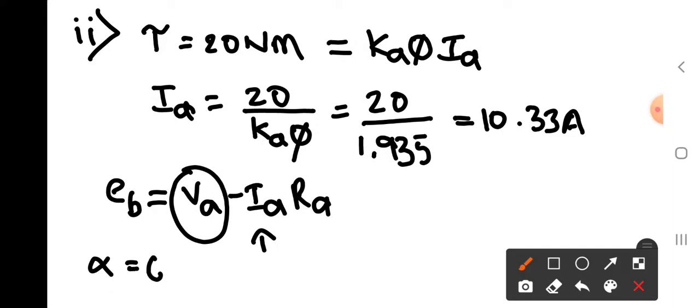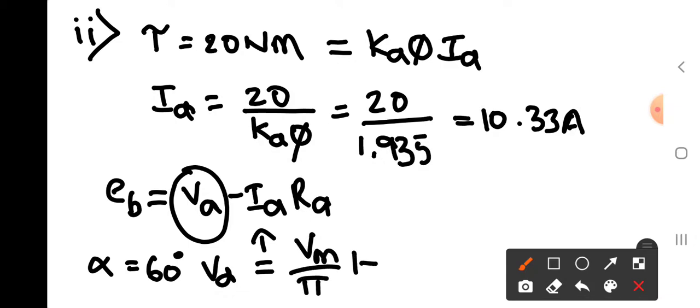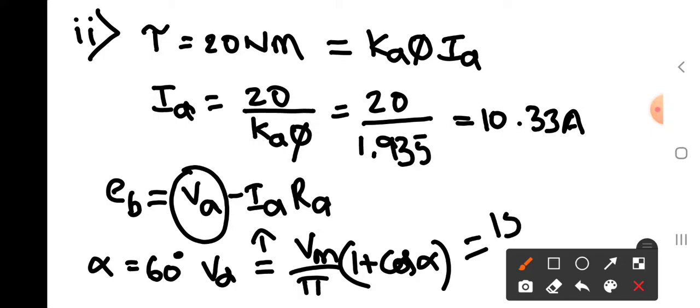For alpha equal to 60 degrees, Va is equal to Vm by pi into 1 plus cos alpha, where Vm is root 2 into 230. Already we got this: 155.3 volts.